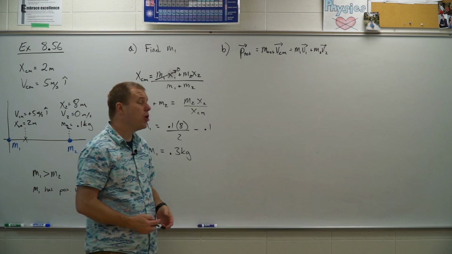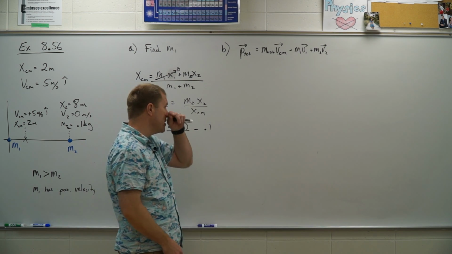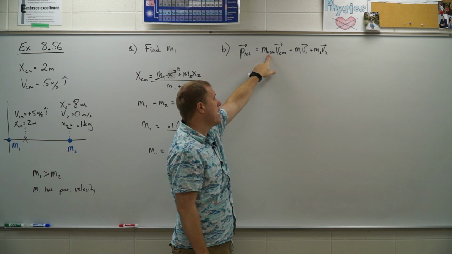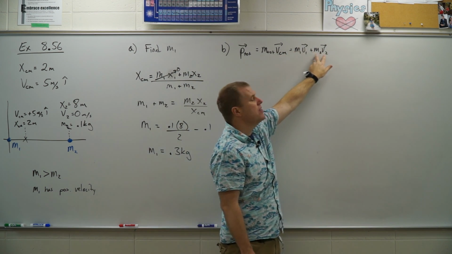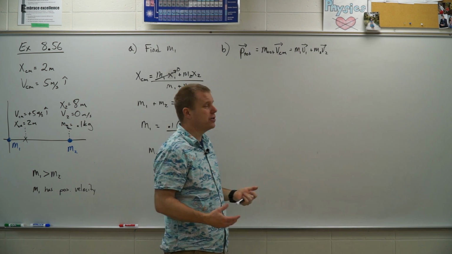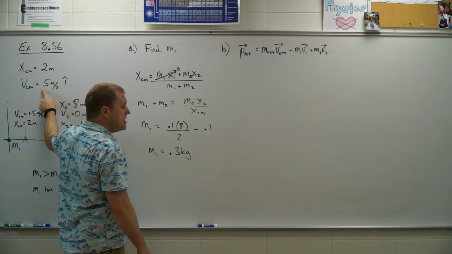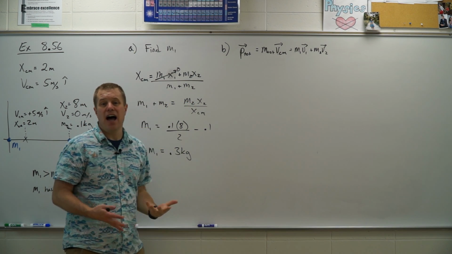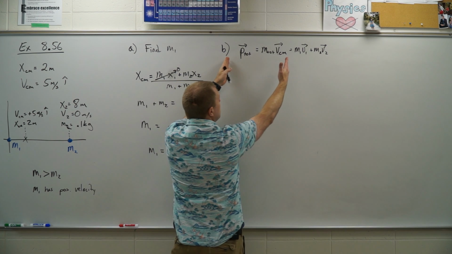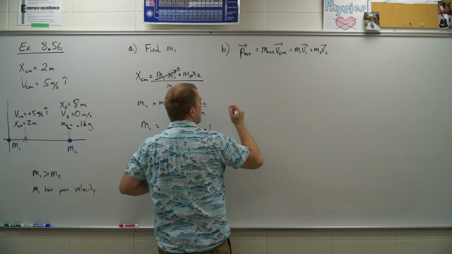So when I try to find total momentum of a system, there are 2 ways for me to do it. I can either find the total mass and multiply it by the velocity of the center of mass, or I can add up the individual momentums of all of the particles in there. Since I know VCM, and now I know M1 and M2 combined, I can go ahead and use this portion of my equation to find the total momentum.